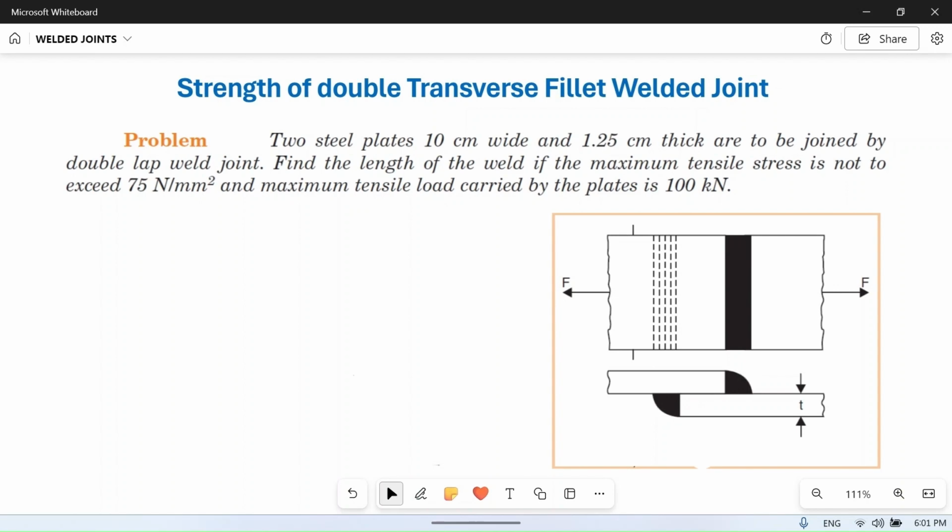The formula for strength P for a double transverse welded joint is 1.414 sigma T L into S. You can remember this formula, or you can derive it if you don't remember.